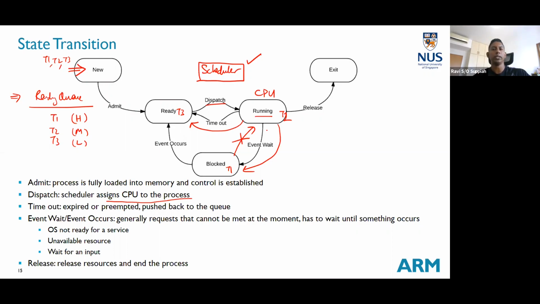The state of the task already tells the scheduler whether it can be dispatched or not. Once the resource is available, the task will transition to the ready state. So task one will come here, and then the scheduler will allow task one to run.